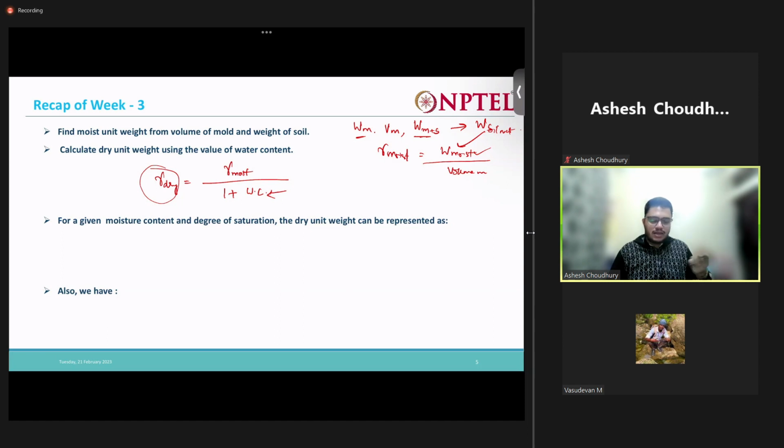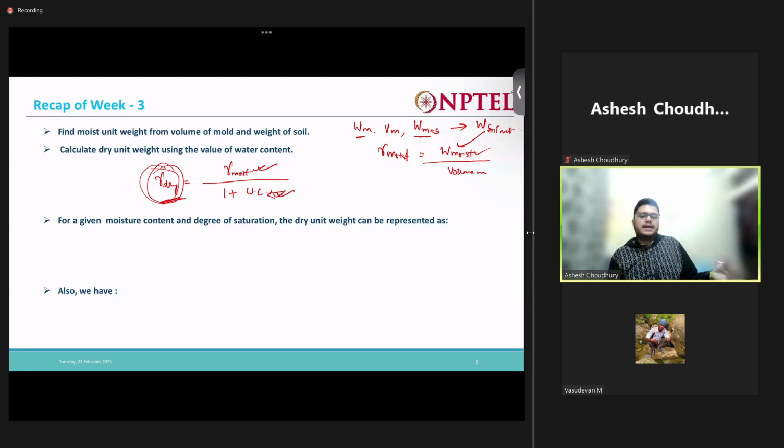This is a basic test, right? Finding out the water content of the soil, which we can easily do by drying the soil in the oven. So we dry a little amount of soil in the oven and find out the water content. So for each soil we will know the moist unit weight, and we will also know the water content, and from there you can find the dry unit weight. Okay, so for each fill we can know the dry unit weight, correct?